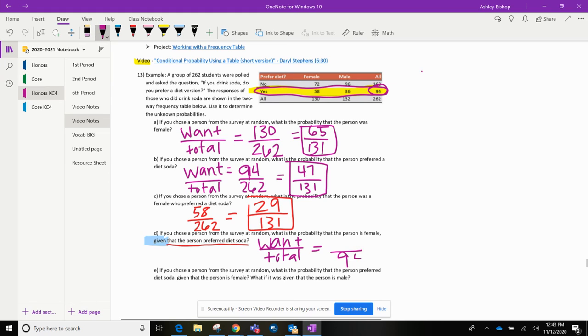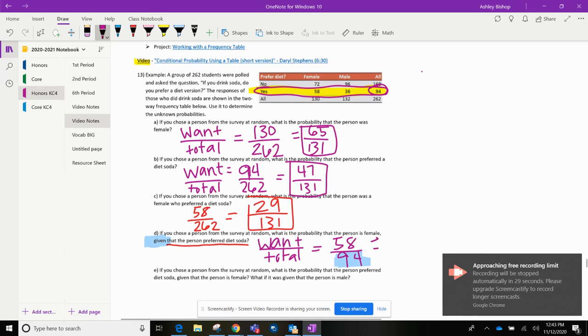That's what the question says. Of those, 58 of those people were female. So make sure you understand when I have a given, when I have a condition that needs to be met, my total is going to be different. I am no longer using the 262. So I have 58 divided by 94, which will give me 29 over 47. Please watch just one more short video for the last problem.